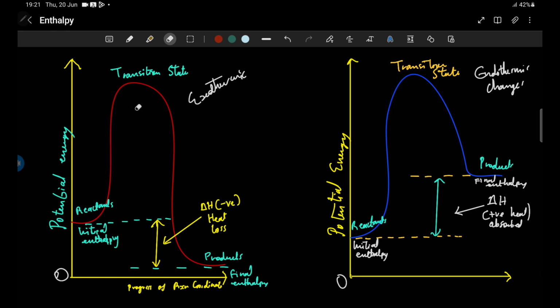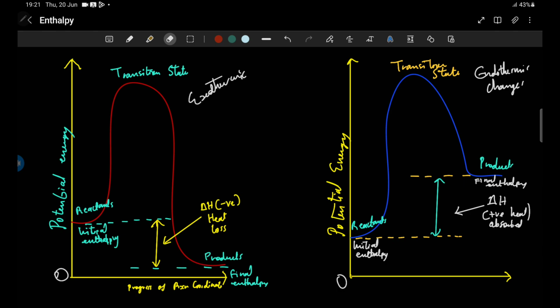And from this point up to this point, that's the activation energy. I defined that earlier. And then your products, you can see, have a lower energy than the reactant. It means that there has been a loss of energy. So you have that for your products right here.